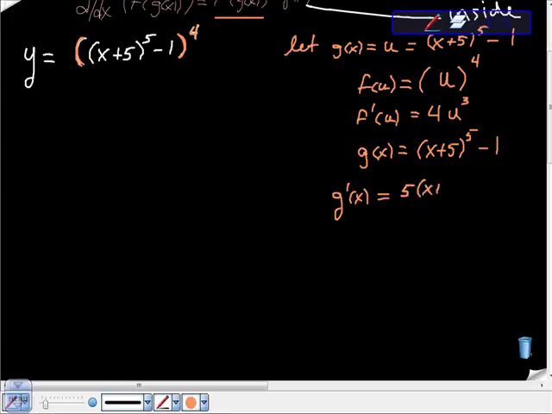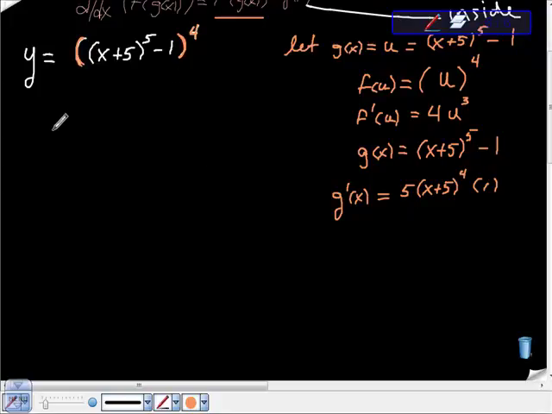All that stuff in the inside stays in there. So this is just me differentiating the outside of this to the 5th power. The derivative of the minus 1 is 0 times the derivative of the inside, but the derivative of x plus 5 is just 1. I'm going to put it here times 1 so you know that I did it, but that's where I'm going to stop. And then I'm just going to put all this together.